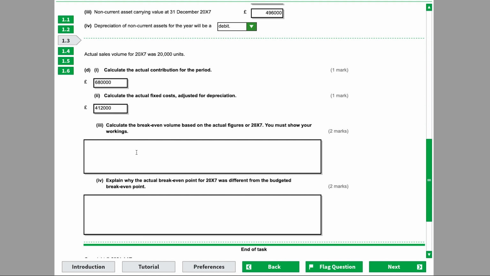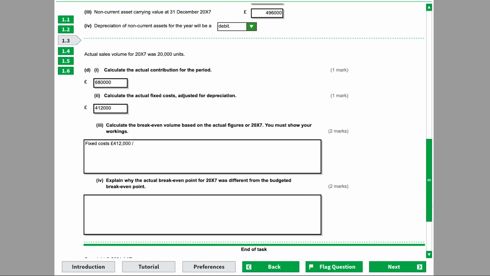So what we want to do is, now that we have our fixed costs, we would do fixed costs of 412,000, and we need to divide that by the contribution per unit.